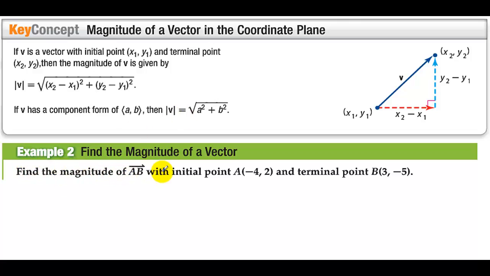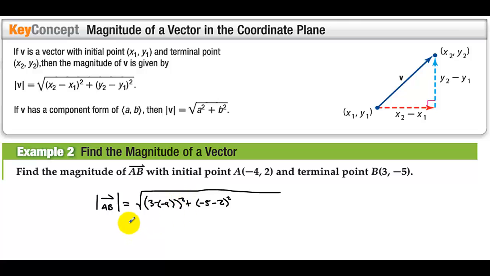Find the magnitude of AB with initial point A as (-4, 2) and terminal point B of (3, -5). So the magnitude of AB is the Pythagorean theorem, or the distance formula from A to B. That's equal to x2 minus x1, 3 minus negative 4, squared, added to negative 5 minus 2, squared.